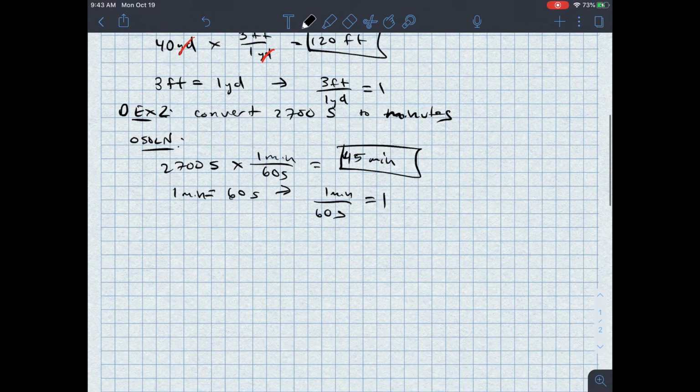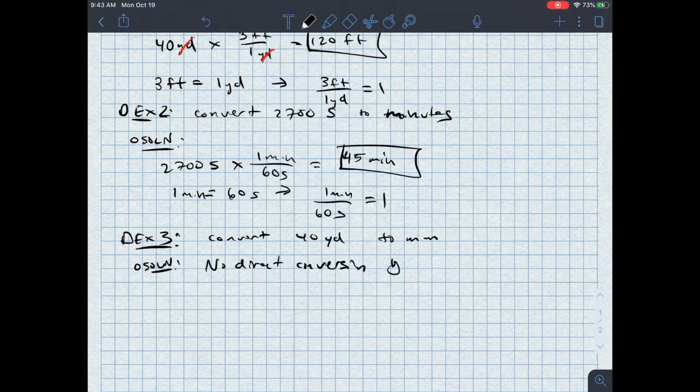All right, those were relatively straightforward examples. Let's get a little bit more detailed. Example number 3 is to convert 40 yards to millimeters. Now, what I should notice from the handout that is in the video description is that there is no direct conversion given between yards and millimeters.